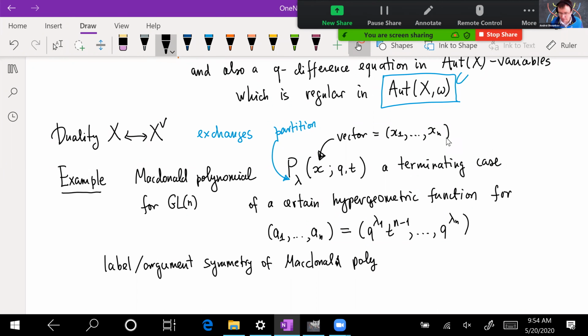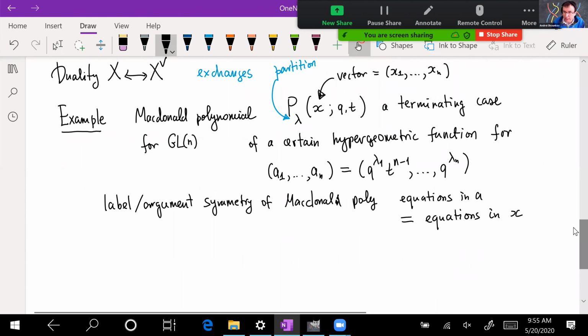So there's a very nice label-argument symmetry for Macdonald polynomials, and it says that it satisfies the equations in A, once you identify things correctly, that are the same as the equations in X. In particular, when you have a terminating case, this means you have a particular rational function solution of the Q-difference equation, which is very special.